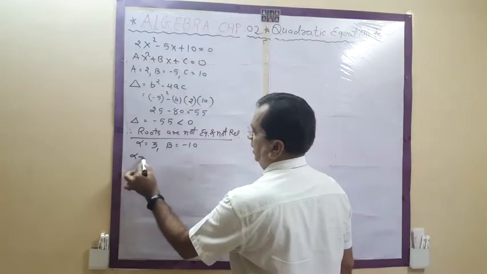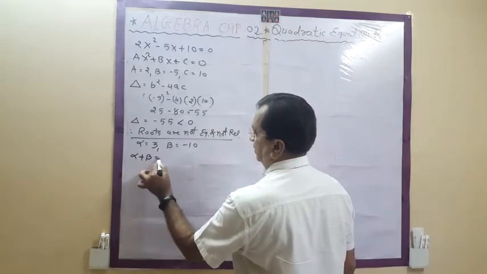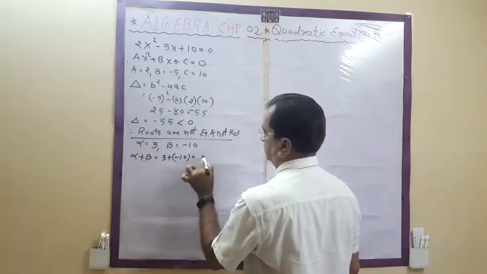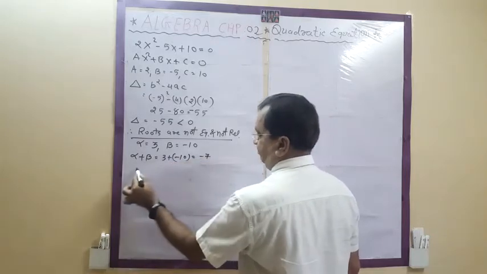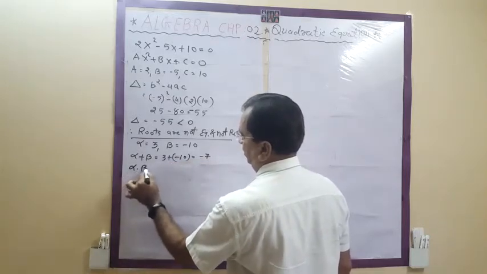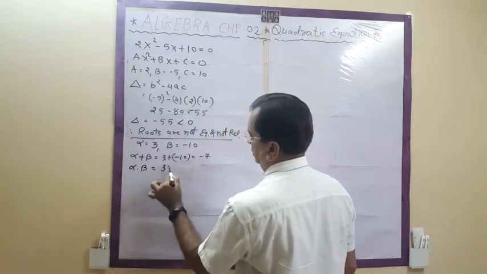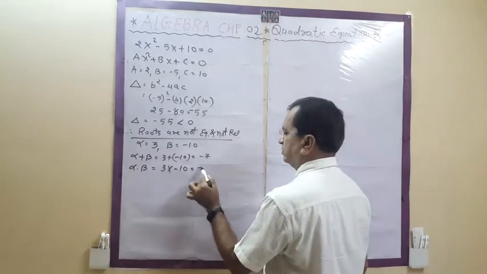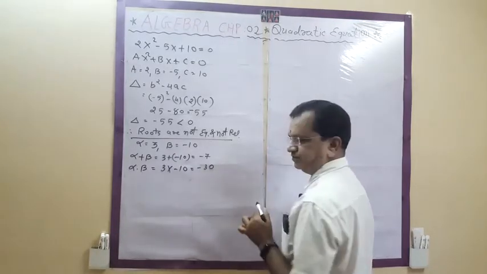Always you have to write alpha plus beta is equal to 3 plus minus 10, alpha dot beta, 3 into minus 10 is equal to minus 30.